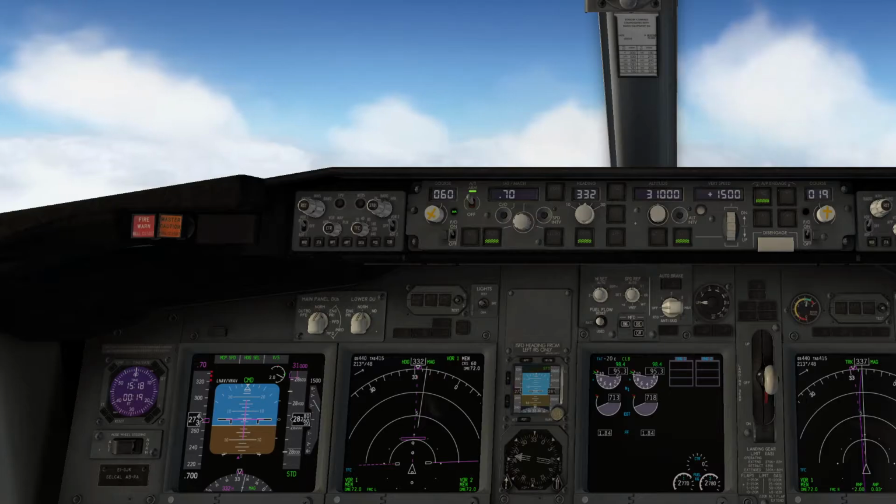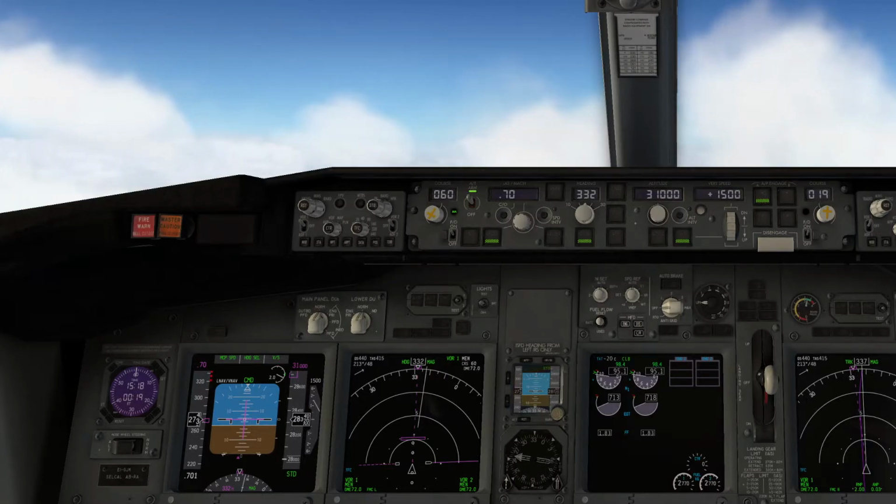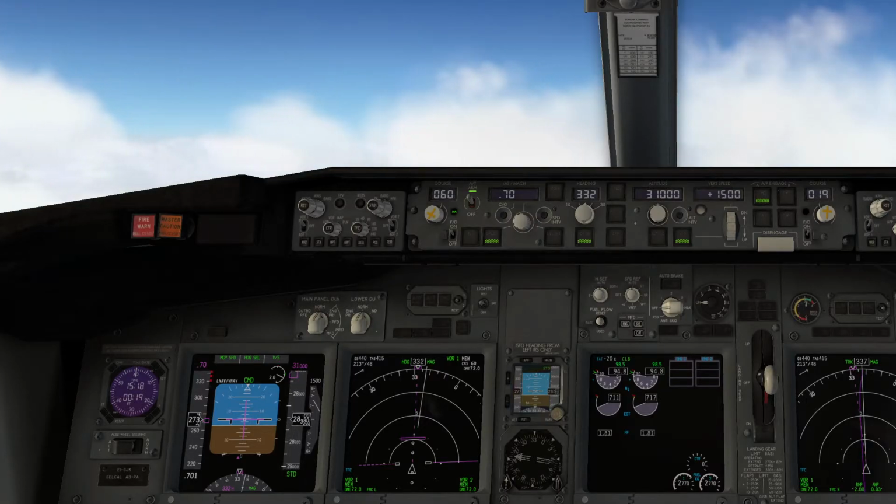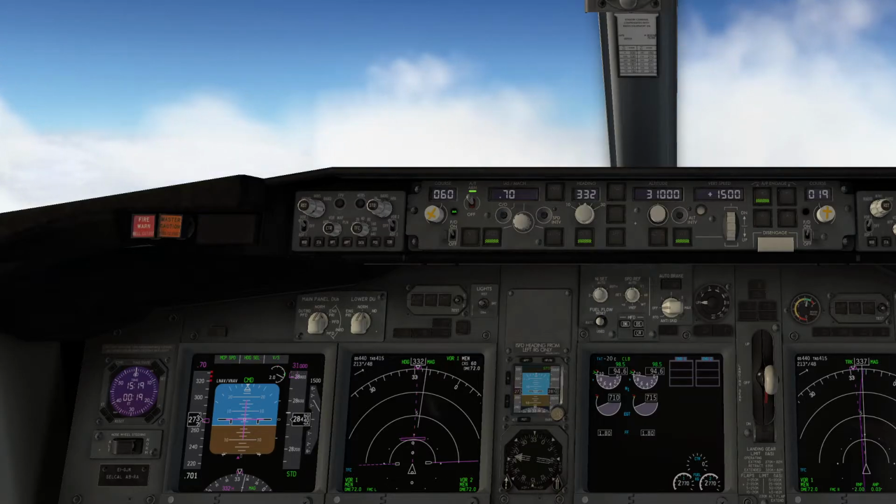So after Etrek, we will turn right on the heading 019.